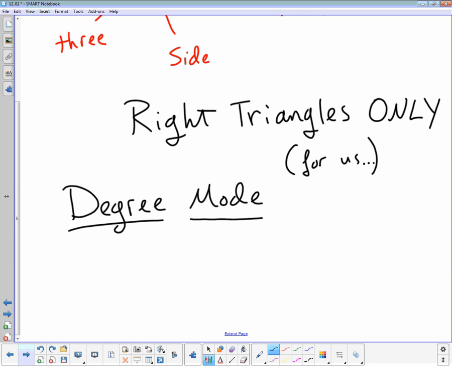I am not allowed to put it in degree mode for you. And if you try and do any of the problems on the test in the wrong mode, if you're in radian mode, you'll get them all wrong. Okay? So it's really important that you do this and that you know to check it.